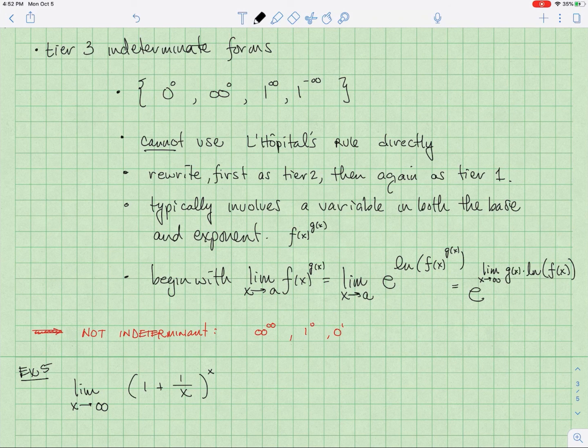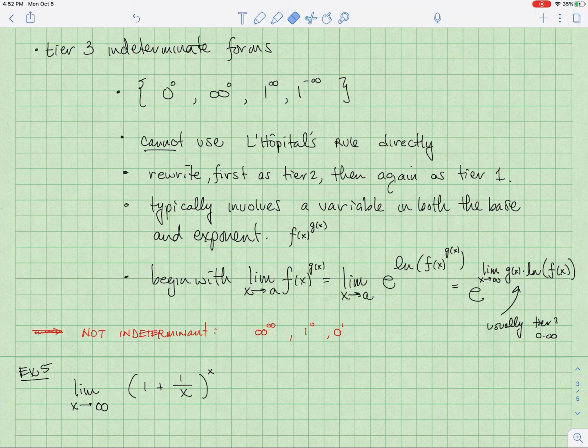And typically that turns it into a Tier 2 indeterminate form. So this is usually Tier 2, 0 times infinity. Sometimes you'll get lucky and it'll jump straight to a Tier 1, but not always. And then you'll basically treat it as a Tier 2 problem.